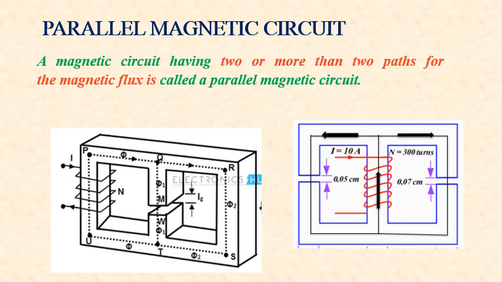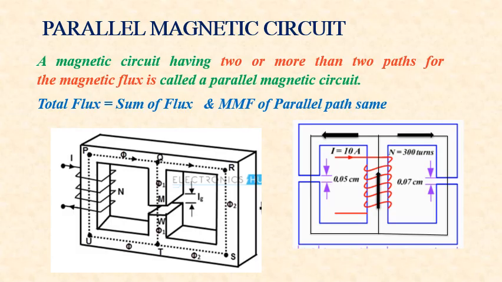Similarly, in a parallel magnetic circuit, the total flux will be equal to the sum of fluxes, and the MMF of parallel paths will be the same. So these are some of the general guidelines that will help you in solving the numericals on parallel magnetic circuit.